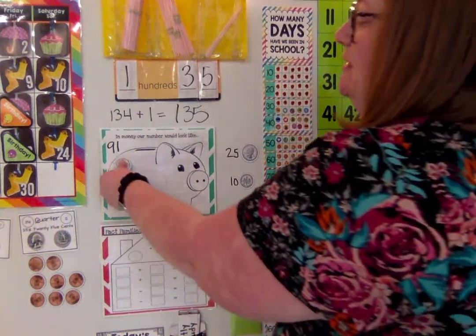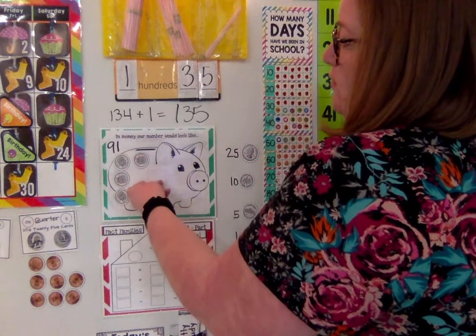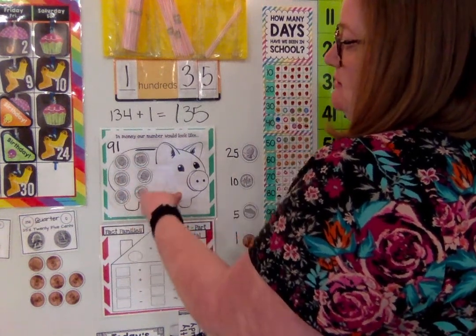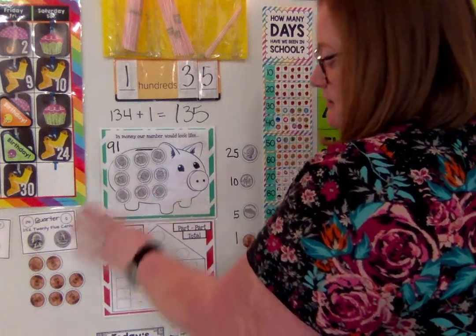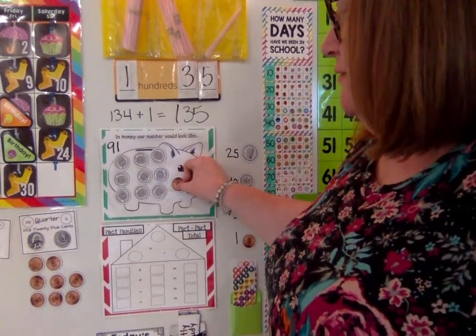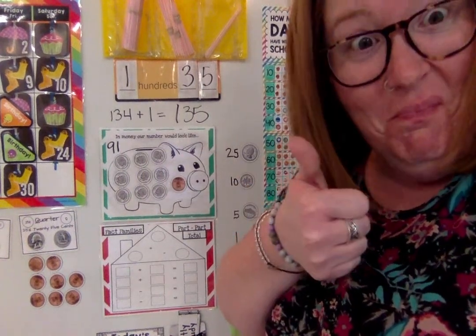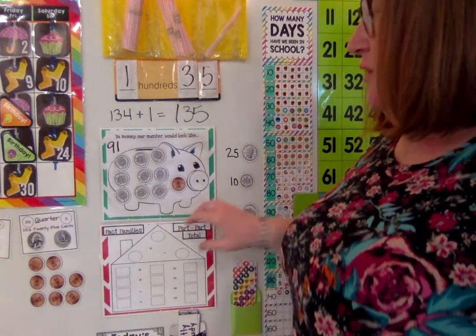That would tell me 9 dimes. 10, 20, 30, 40, 50, 60, 70, 80, 90, and then 1 penny. Also, a good way to do it, kind of easy. Nice job.